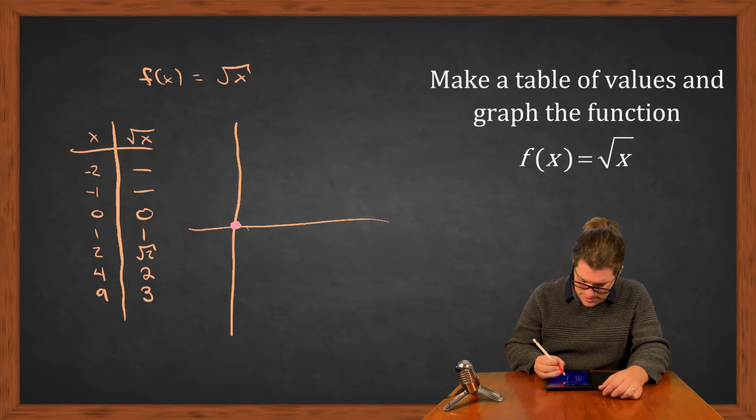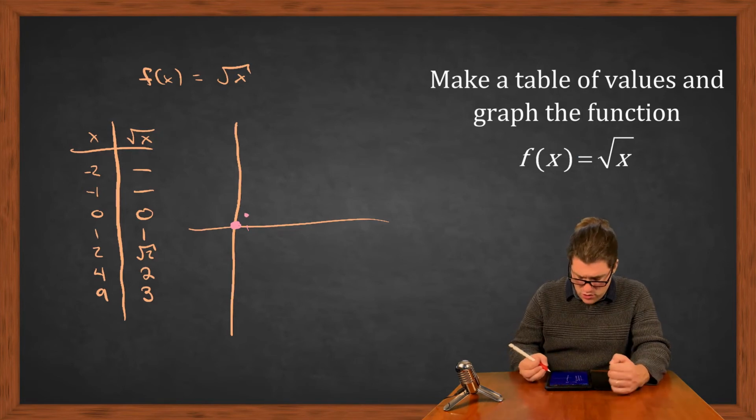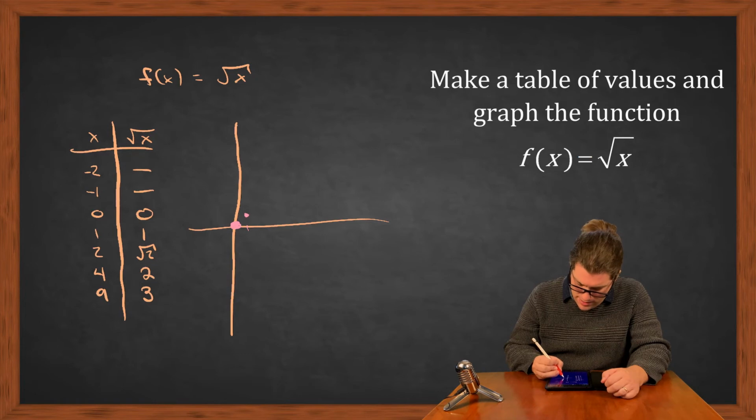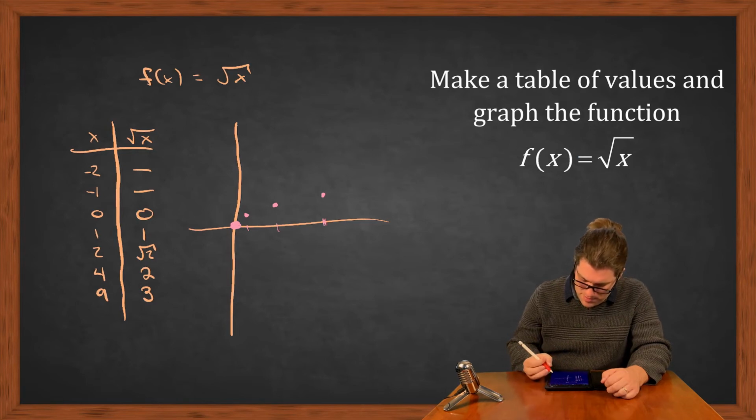Right there is going to be 1 unit, and that's going to be up 1 unit, so maybe something like that. I'm just freehanding it, but it will give me a good picture of the overall shape. I'm going to go here for 4. If that's 1, that's about 4. Then I'll be up 2, so somewhere around there. Then I'm going to go over to 9, which would be about right there, and then up to 3, which would be about that.